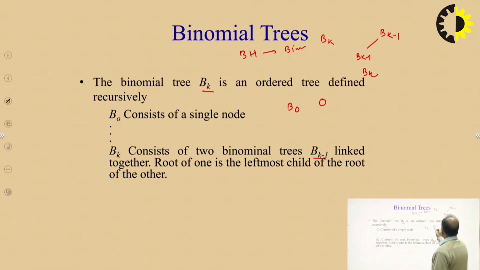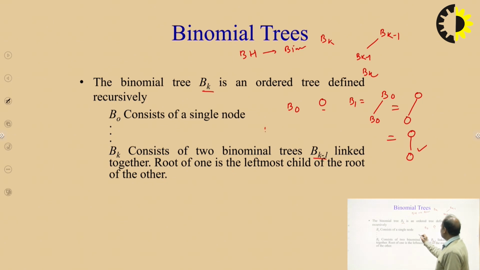So B0 is one node, and let's say B1. B1 is nothing but a collection of 2 B0, one is the leftmost child of the other, and B0 is a single node. So this is a single node and this is a single node. Since there are no other children, we can write this equal to this. So this is B1 actually.